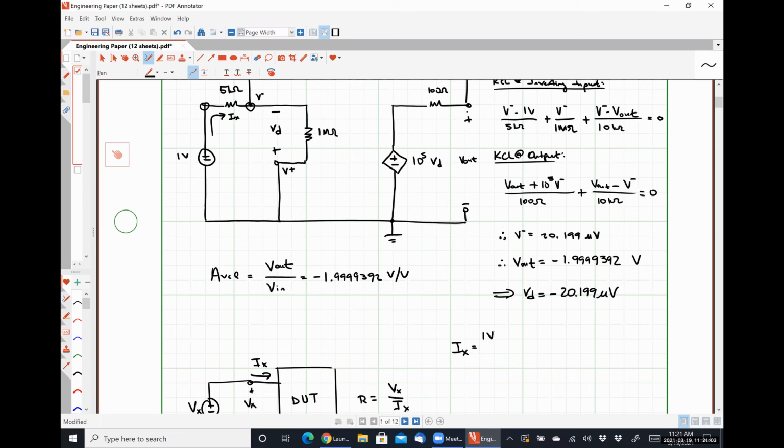So 1 volt minus 20.199 microvolts divided by 5 kilo ohms gives me a number I didn't write down, but let me save myself here for something that I did write down.